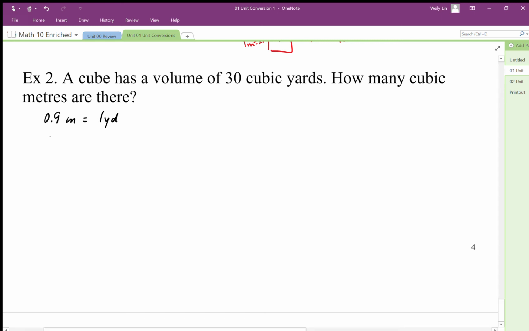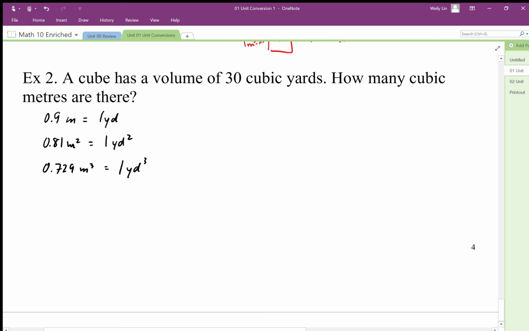If I were to compare square meters, it would be 0.81 square meters for 1 square yard. And if I were to multiply that by 0.9 to the third dimension, I would end up with 0.729 meters cubed for 1 yard cubed.